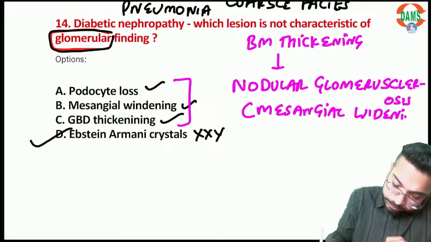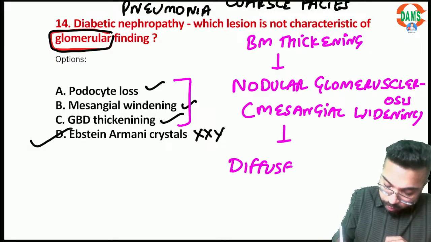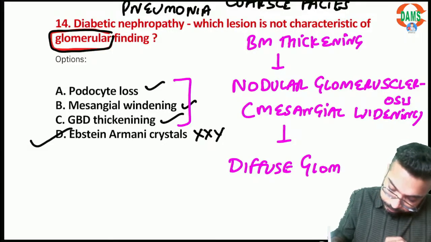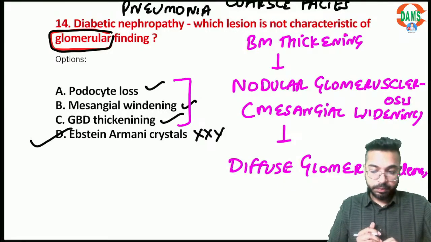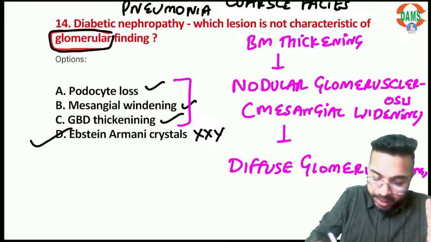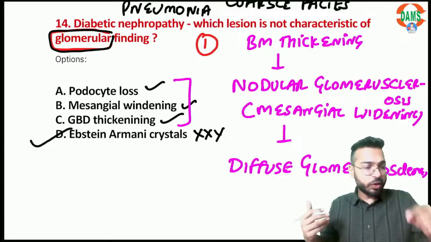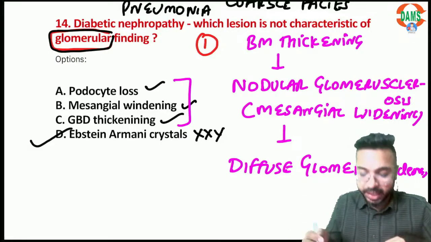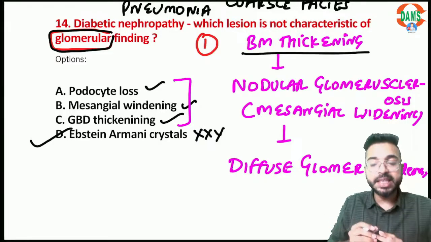And finally, there is diffuse glomerulosclerosis. We discussed this: there are 3 microscopic lesions. Whenever glucose end products increase, first glucose deposits in the basement membrane, so the basement membrane gets thickened.